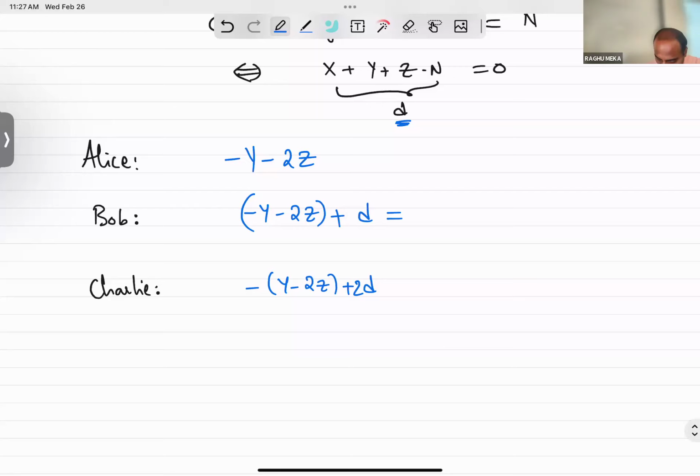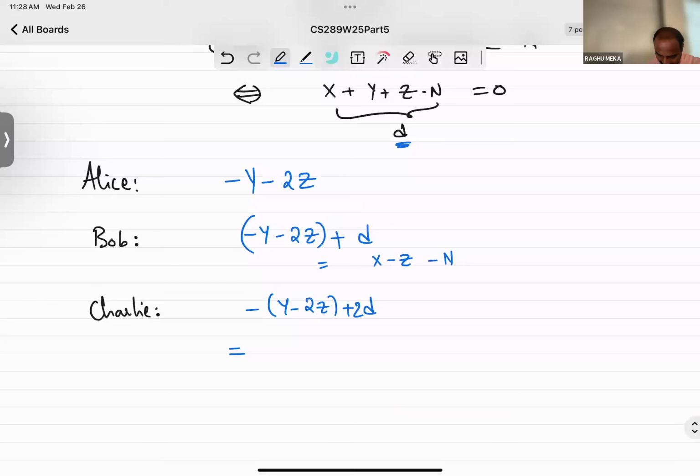So this is just X minus Z minus N. And this one is 2X plus Y minus 2N.